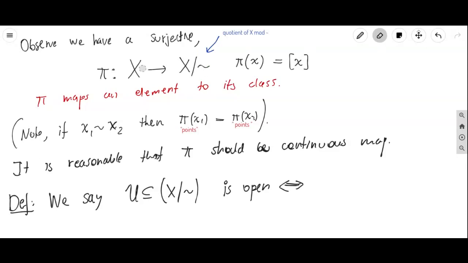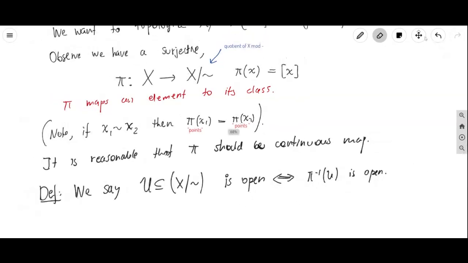When you pull it back, it should be open. So you say that a subset is open if and only if pi inverse of U is open. So the pullback of an open set should be open. So you define something open if it pulls back to something open.